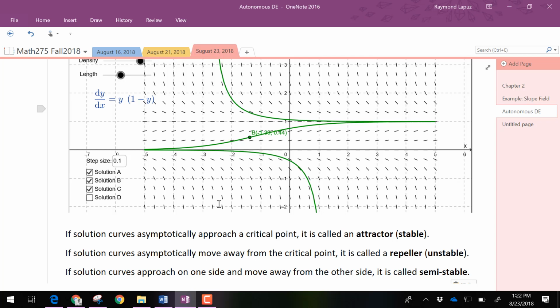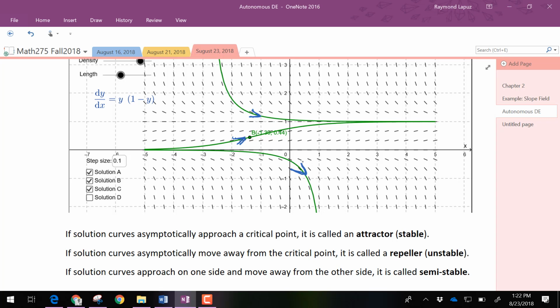All right. So the idea is that you're following these curves from left to right. And then the curves are either increasing or decreasing, right? They're not going to change direction. So the curve is always going to be increasing or always going to be decreasing.